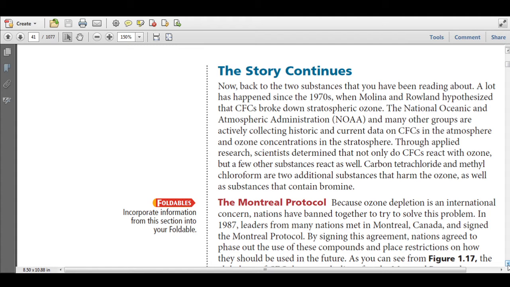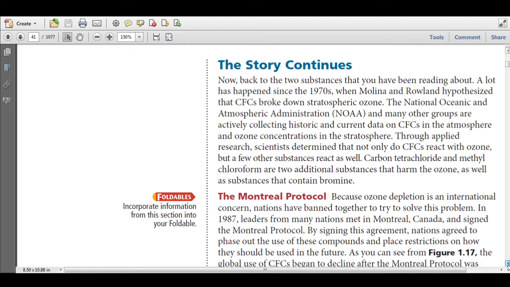Through applied research, scientists determined that not only do CFCs react with ozone, but a few other substances react as well. Carbon tetrachloride and methylchloroform are two additional substances that harm ozone, as well as substances that contain bromine.